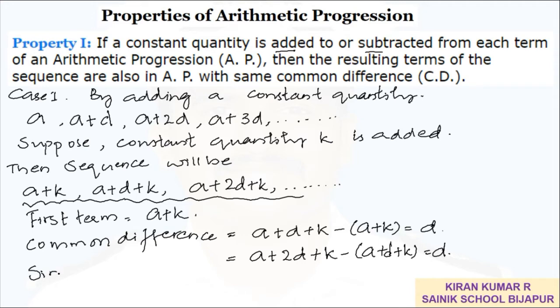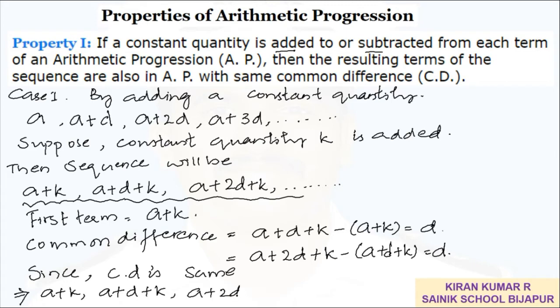Since common difference is same, this implies a plus k, a plus d plus k, a plus 2d plus k, and so on, is an AP.